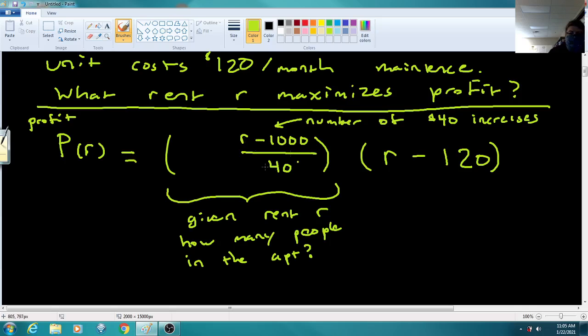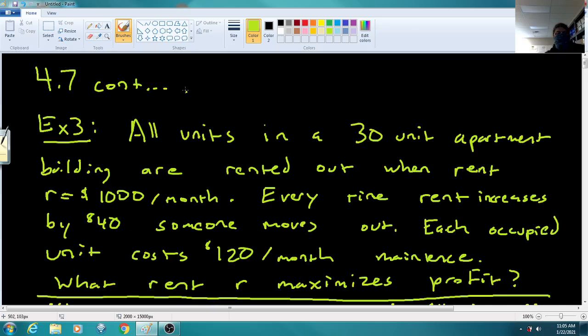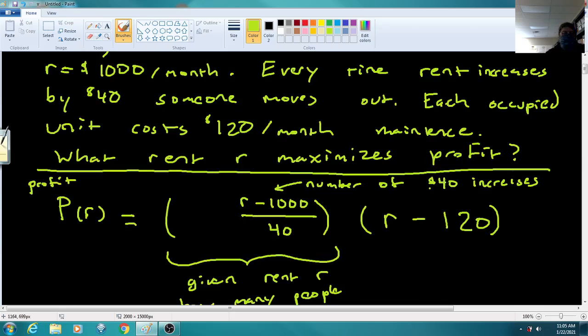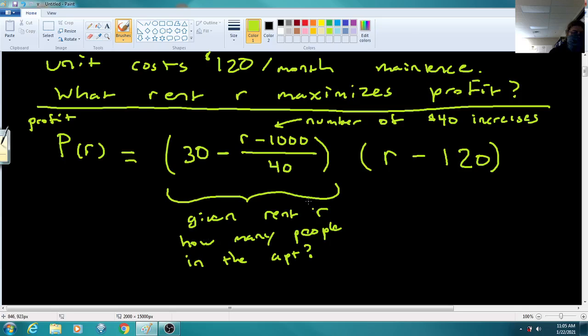We started with 30 people because all 30 units were rented out at $1,000. So if we remove from those 30 people the number of $40 increases, that'll be the number of people living in the apartment, how many apartments are occupied at a given rent level.